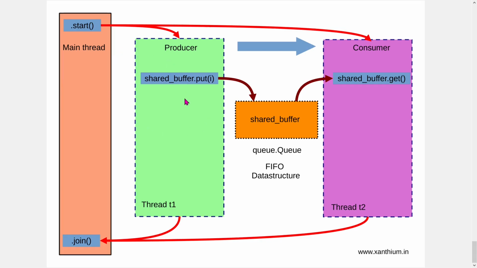So the first one will be put 1, and the second one will be 2, like that. 10 numbers will be put inside this one. And then on the consumer side, we will take that data one by one. So whatever data is put in this order, you can take it from this one. So this is how it will work.